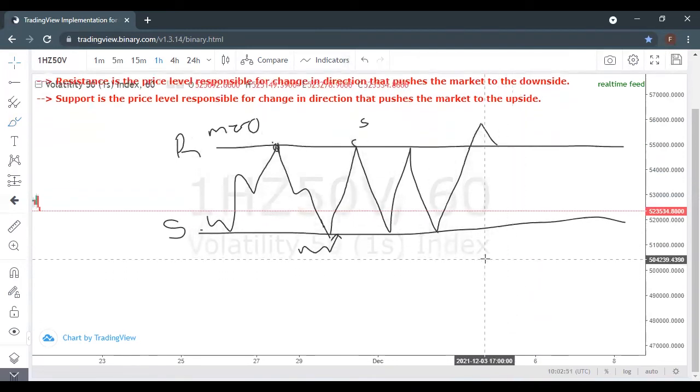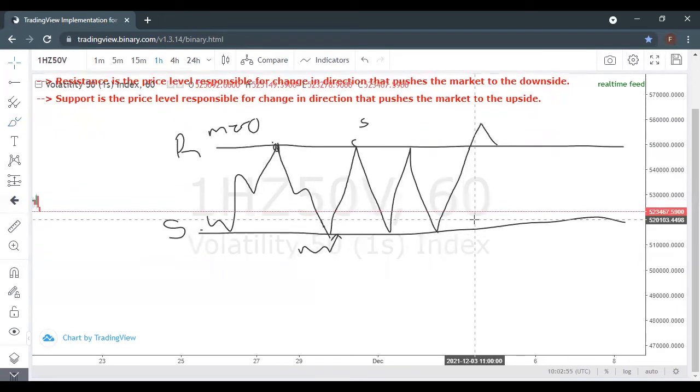There is a concept we call market structure. Market structure is the simplest form of price movement in the market, and it is really important to understand because you'll be able to read and interpret how the market is going to behave.